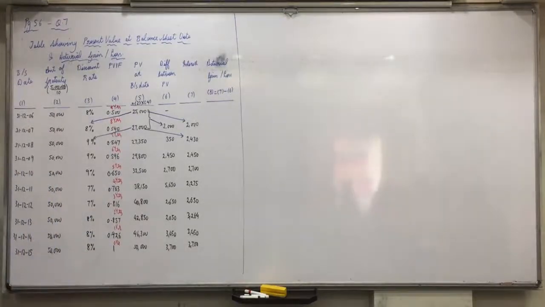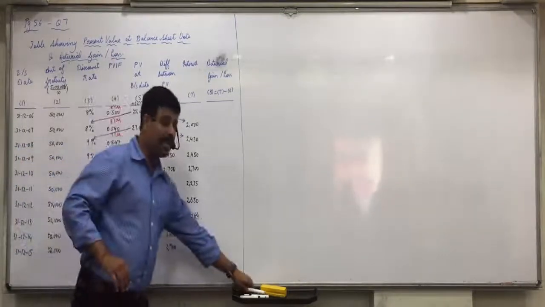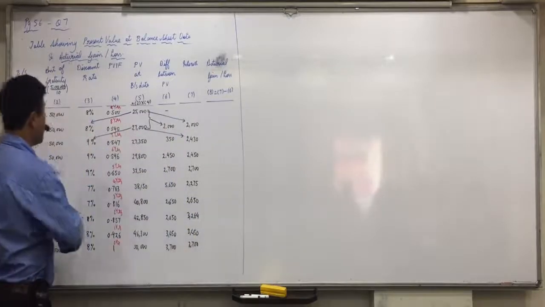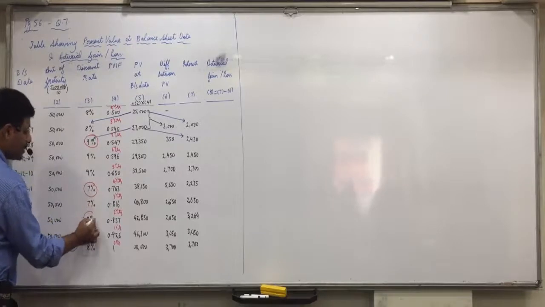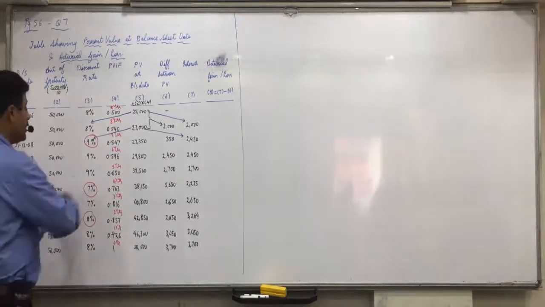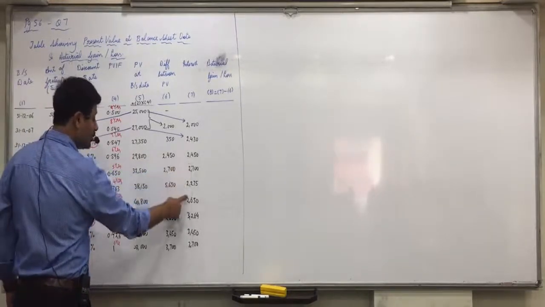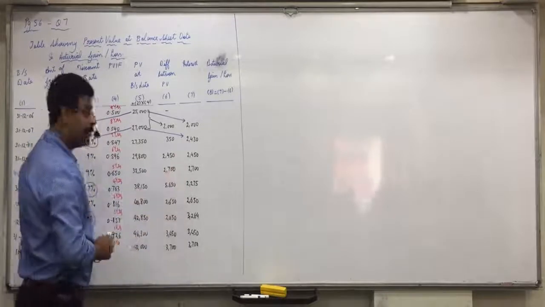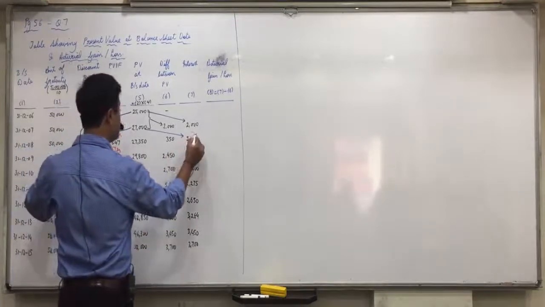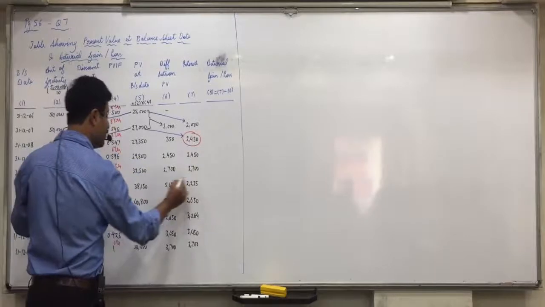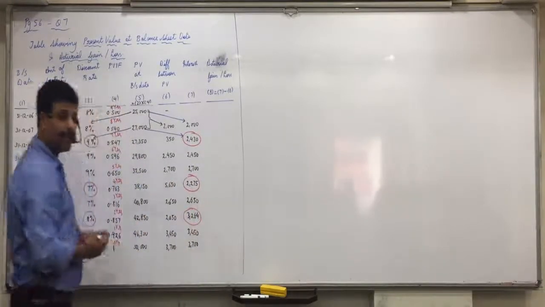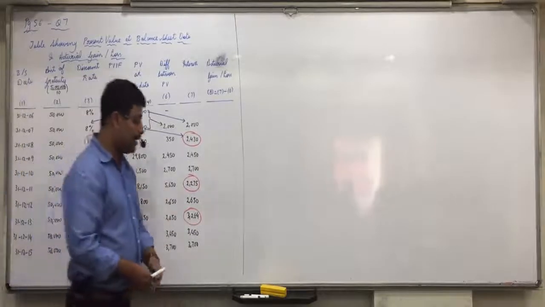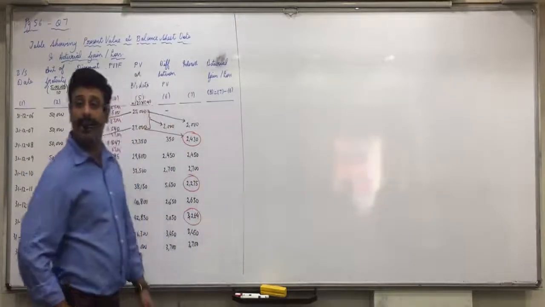Where the rate of interest is changing, the point where it is changing, here it is changing, here it is changing, here it is changing. You will find only these rates will give you different amounts. All other amounts will remain same. This 9% amount is different, this 7% amount is different, this 8% amount is different. All other amounts remain same. Did everyone understand it?